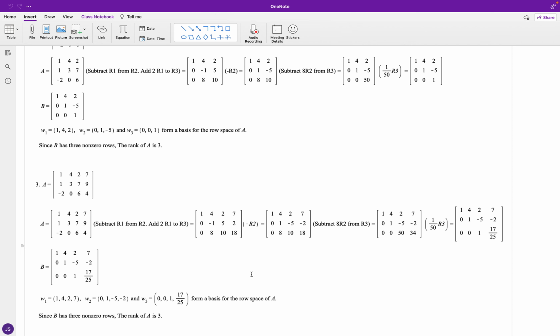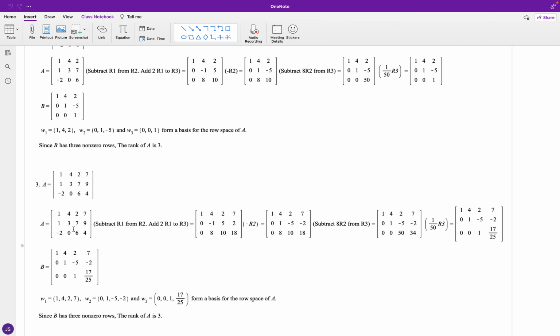Now let's say that if I have a matrix that is not square, but we have a 3 by 4 arrangement. And for this matrix A, to get this in row echelon form, we have 1 in the upper left-hand corner, which I want. So the row echelon form will preserve the existence of 1, 4, 2, 7 in the top row, and I want the second row to have 0 and 1 at the forefront.